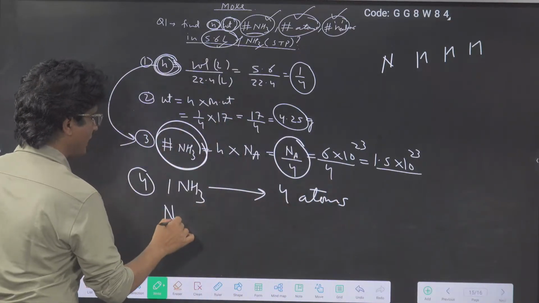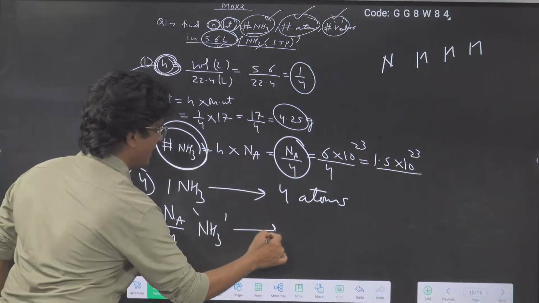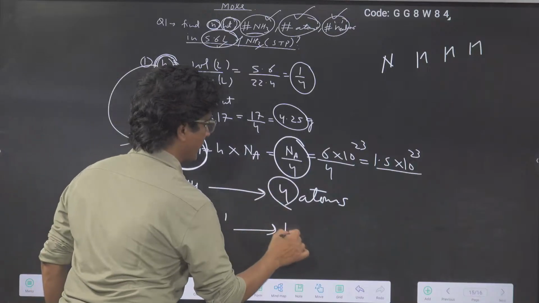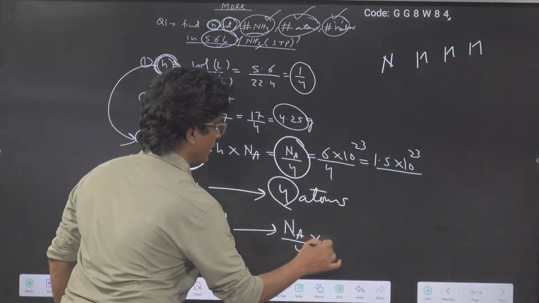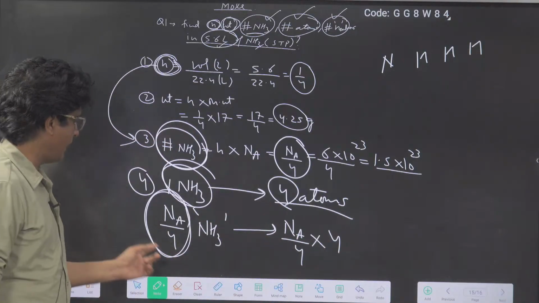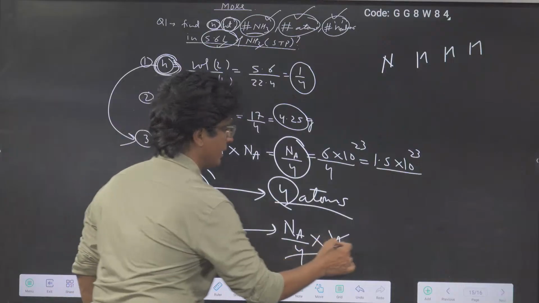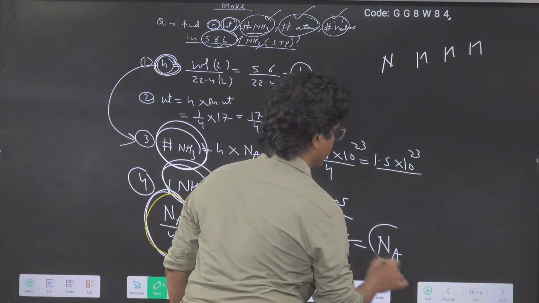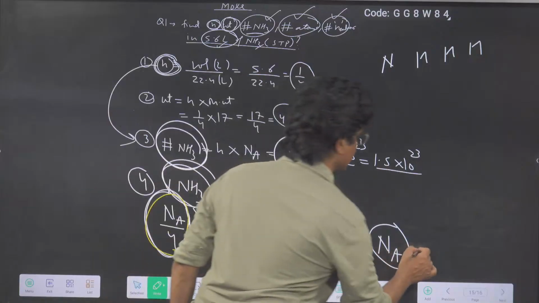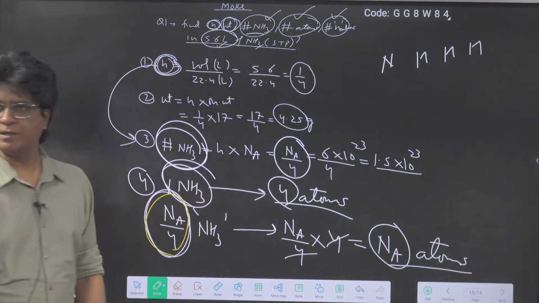So in Na/4 ammonia molecules, how many atoms will be there? Multiply Na/4 by 4. In one ammonia molecule, 4 atoms; in Na/4 molecules, Na/4 into 4. Basic arithmetic, right? So we will have Avogadro number of atoms, that is 6 into 10 to the power of 23 approximately.